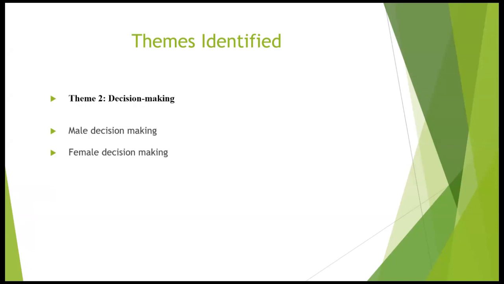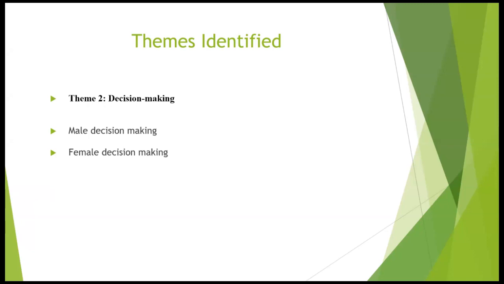Another theme that came up was decision making. Male and female decision making were different. Males were most probably involved in deciding whether the condom or the contraceptive pills should be bought or not.